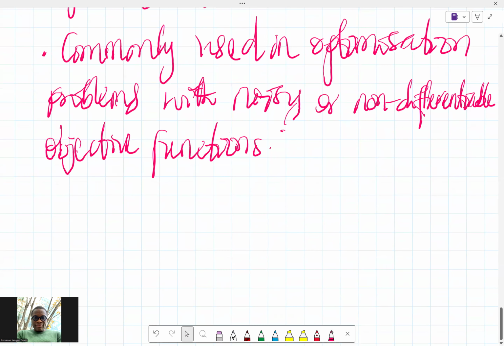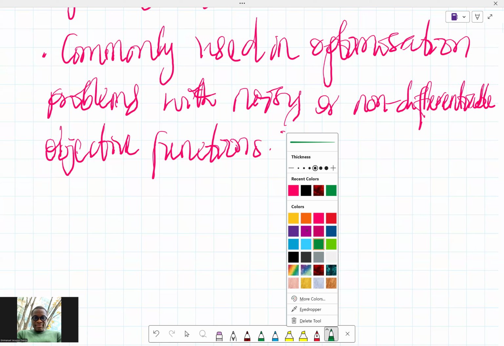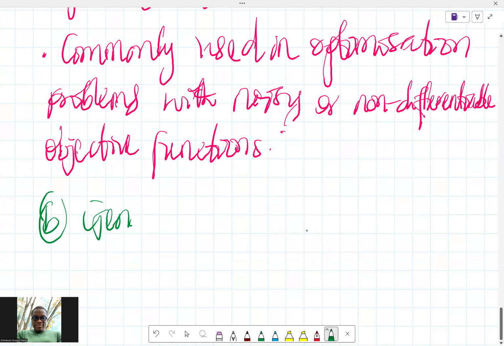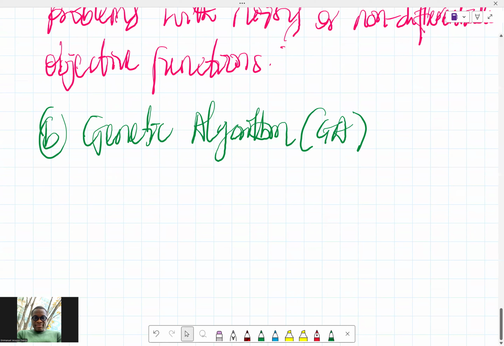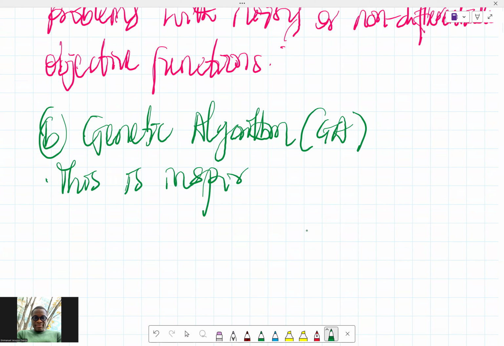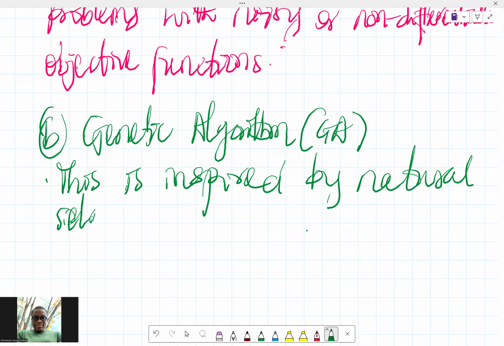Another of these methods would be the genetic algorithm. You can see the idea of genes coming in there. Genetic algorithm, or GA for short. This is inspired by natural selection, a concept in biology.